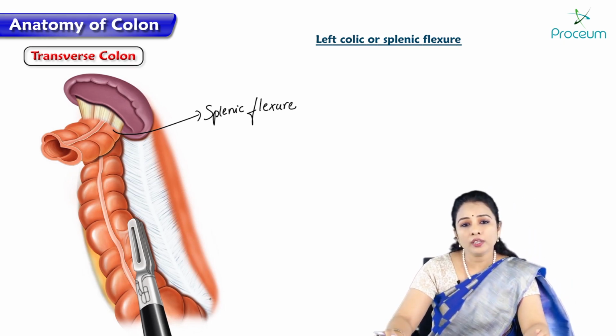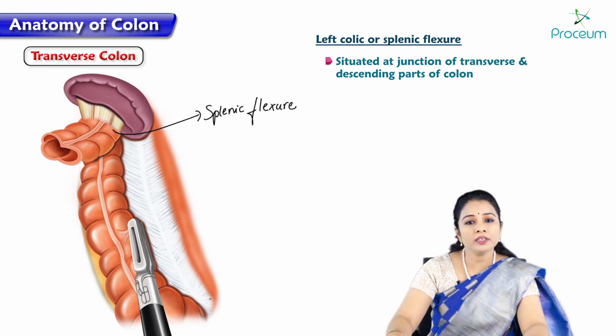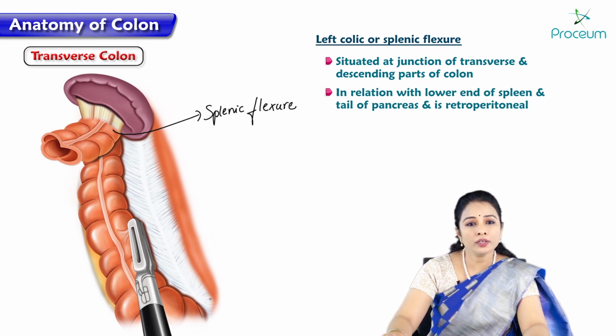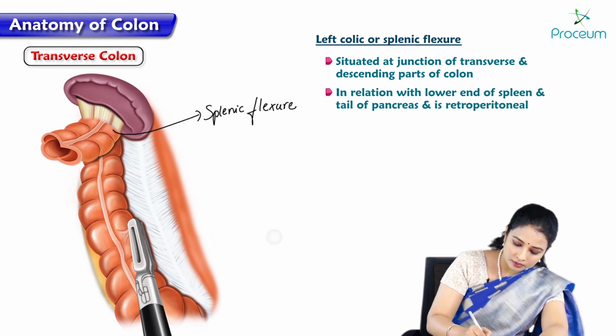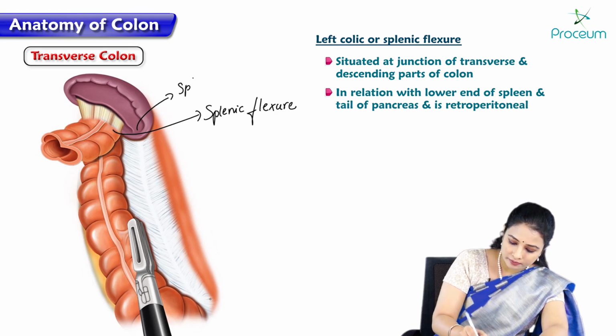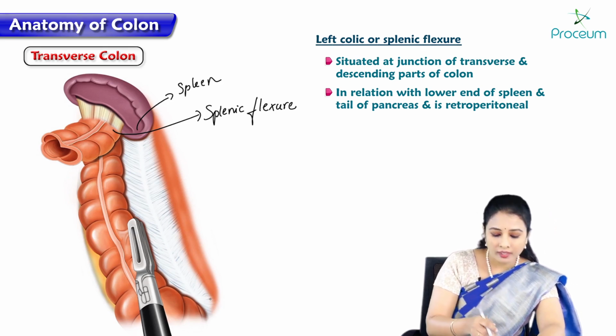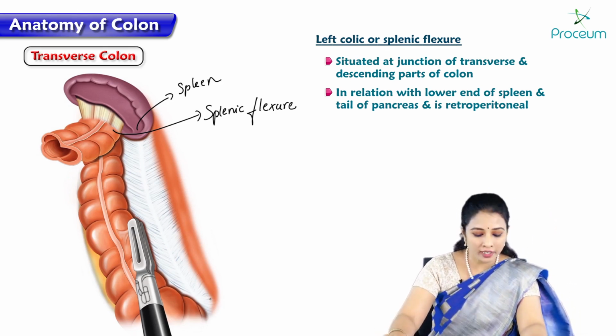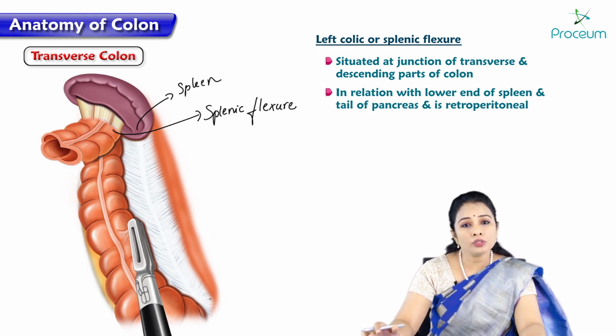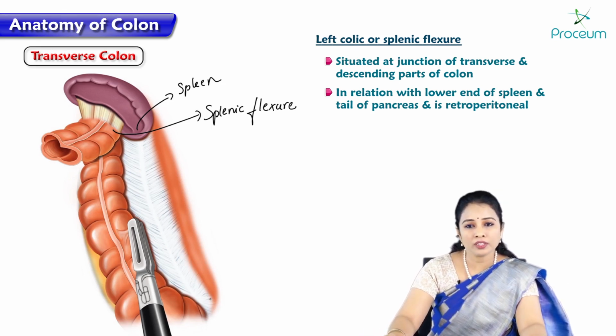So, the left colic or splenic flexure is situated at the junction of transverse and descending parts of colon, and it is in relation with the lower end of the spleen and tail of pancreas. And the hilum of the spleen is related to tail of pancreas, which is also related to left colic flexure.